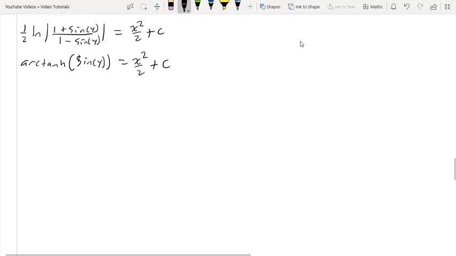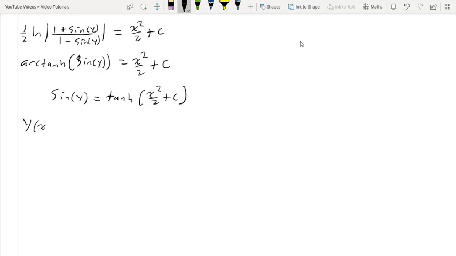So we're going to get sin y equals tanh of x squared over 2 plus c. So then finally, our general solution is going to be y of x equals arcsin of tanh of x squared over 2 plus c.